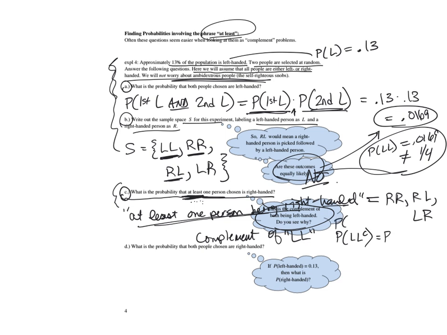Again, that is the probability of RR or RL or LR equals 1 minus the probability of LL, which is to say 1 minus 0.0169, which is what? 0.9831. Is that how we do it?